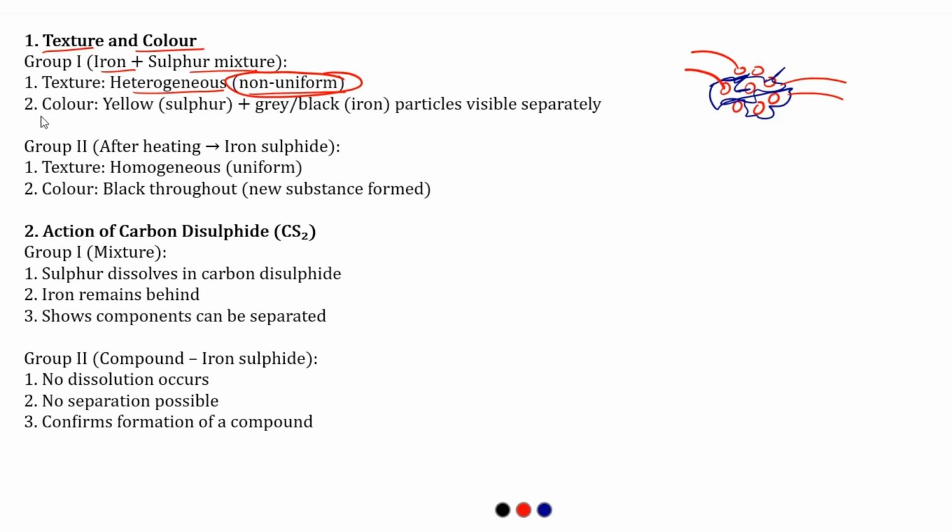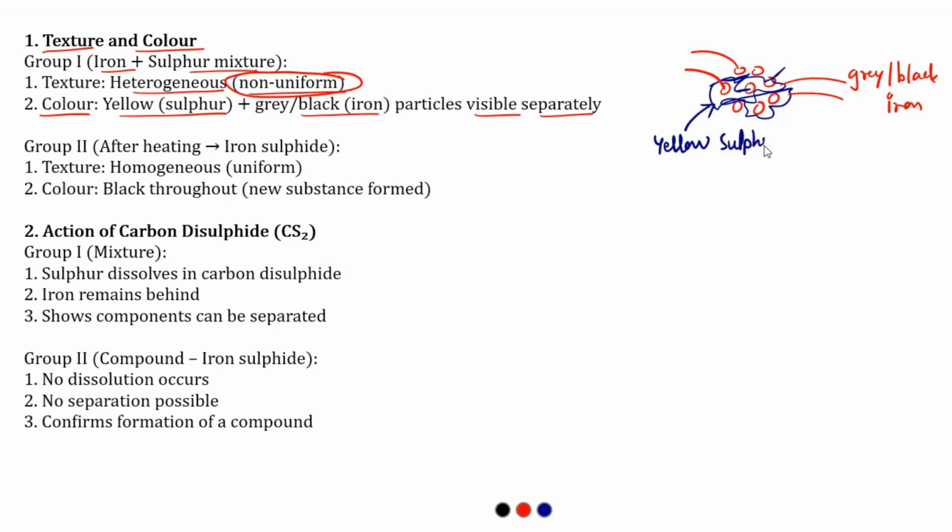Remember, color: yellow sulfur and gray or black iron particles visible separately. So if you see the color, we can easily separate yellow sulfur. So here the red one which you can see, imagine this is the gray or black iron, and the blue color which you can see, I will name it as yellow sulfur.